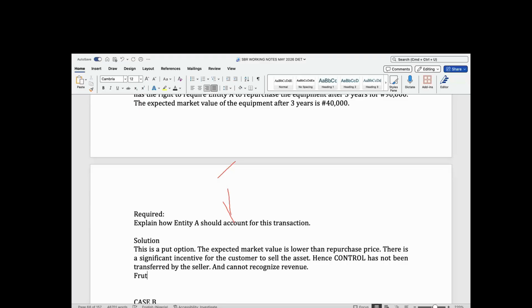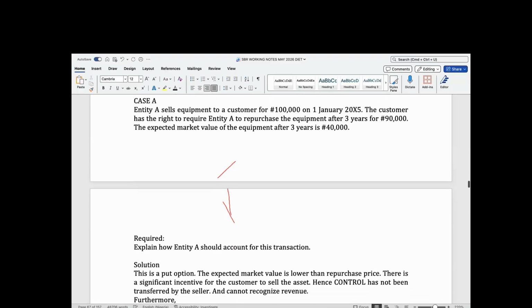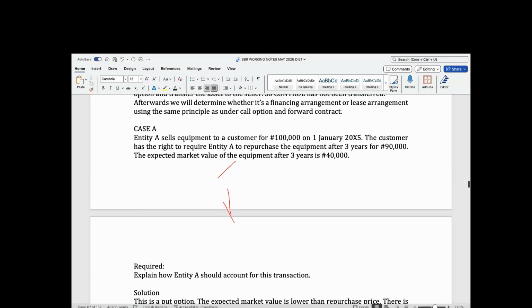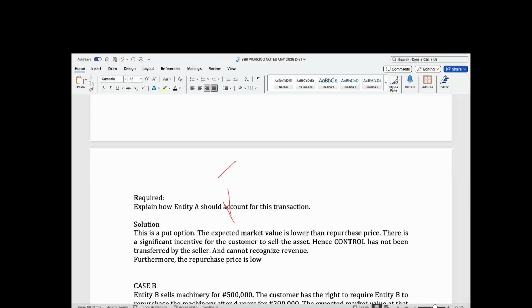Now, furthermore, we need to then check whether it's a financing arrangement or a loan by comparing the repurchase price with the original selling price. The repurchase price here is lower than the original selling price.